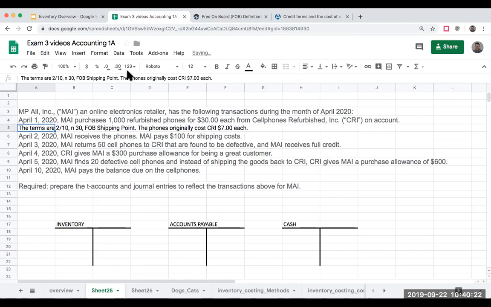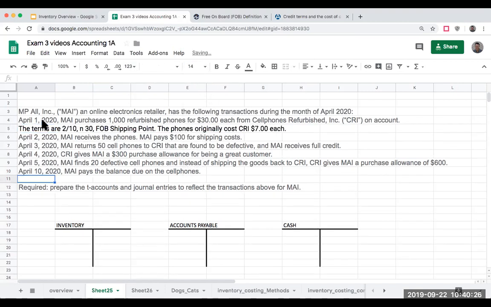Okay, so as I look at this right here, let's see what we're going to do on April 1st. So I bought 1,000 phones at $30 per phone.